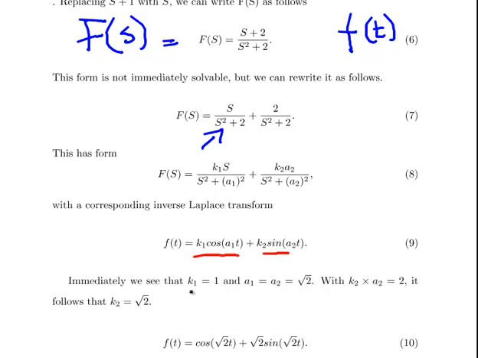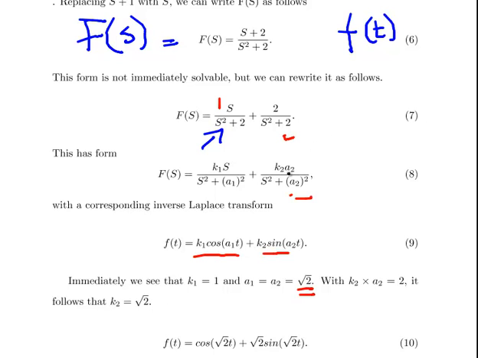Okay. Now, let's just try this out. K1 is necessarily 1. And A1 squared, well, that makes A1 the square root of 2. Likewise over here, A2 squared makes that 2. K2 times A2 equals 2, and immediately it follows that K2 is also the square root of 2.